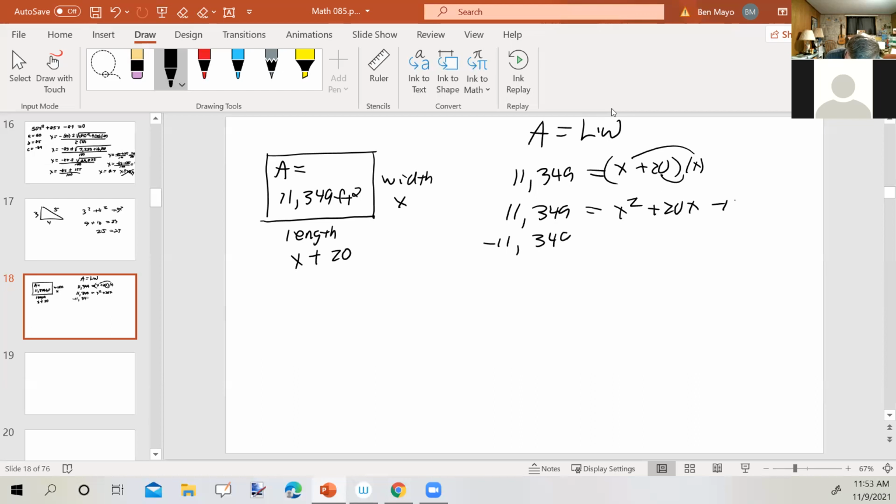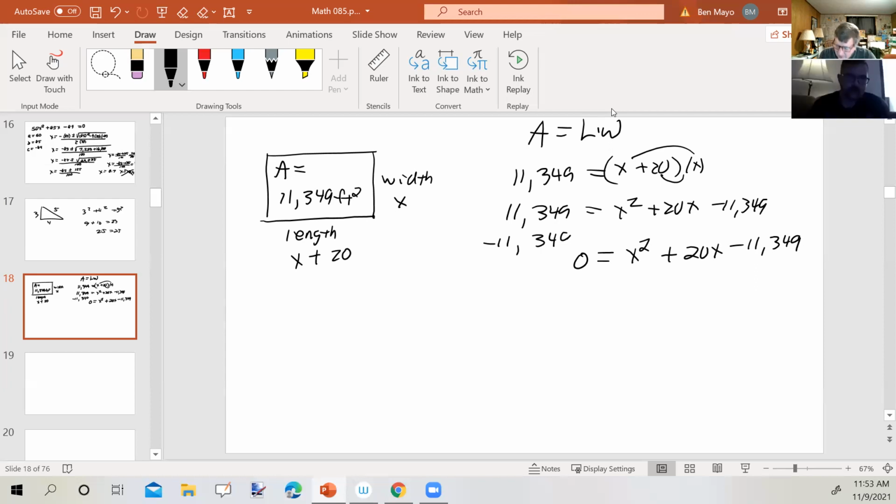Subtract 11,349 from both sides of the equation, and we get 0 equals X squared plus 20X minus 11,349. So now we're going to use the quadratic formula to solve that. And we've got A is 1, B is 20, C is negative 11,349.